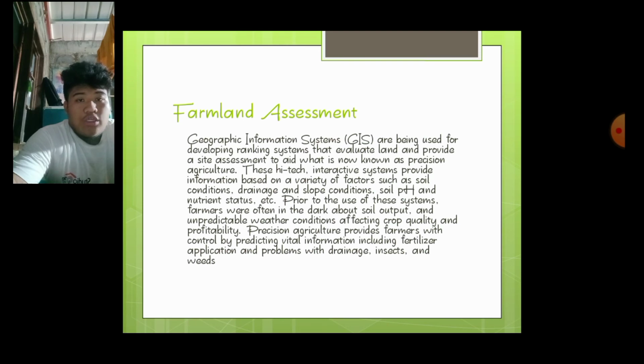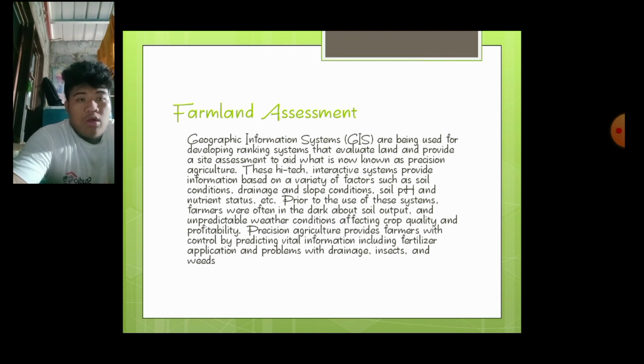This high-tech interactive system provides information based on a variety of factors such as soil condition, drainage and slope condition, soil pH and nutrient status, etc.